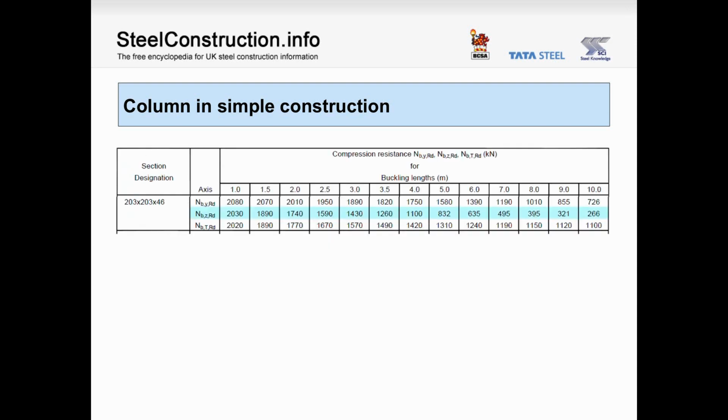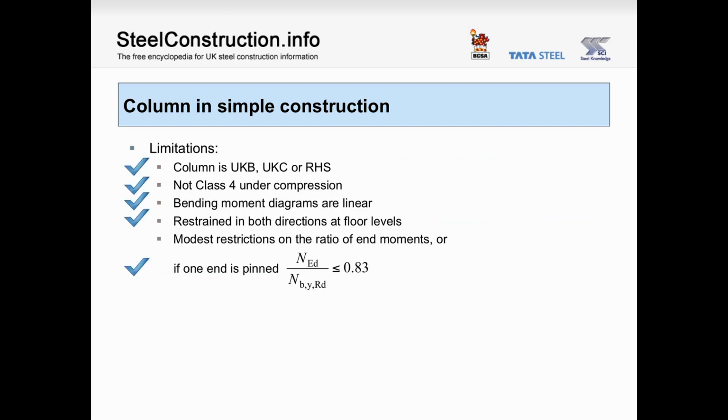So for a 5 meter length of the column, from a lookup table we can determine that the major axis flexural resistance is 1580 kilonewtons and that the minor axis flexural resistance is 832 kilonewtons. We can therefore calculate the ratio of the design load divided by the major axis resistance as 0.37, which is very definitely less than 0.83. So we've satisfied the final requirement.